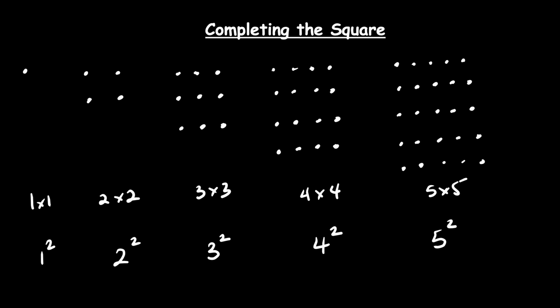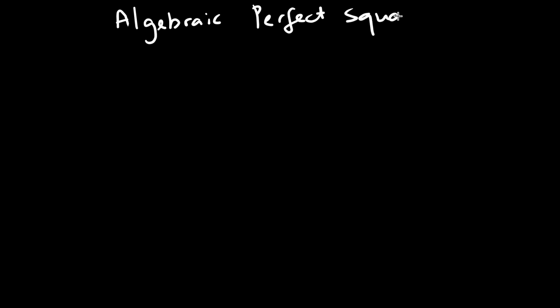Now, what does that mean for us as it relates to algebra? Well, those square numbers or perfect squares in arithmetic, the same concept carries over to perfect squares in algebra, right? So if we're looking at algebraic perfect squares, what we're talking about here is a binomial term that's squared.